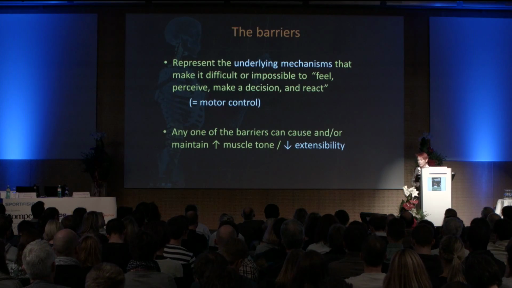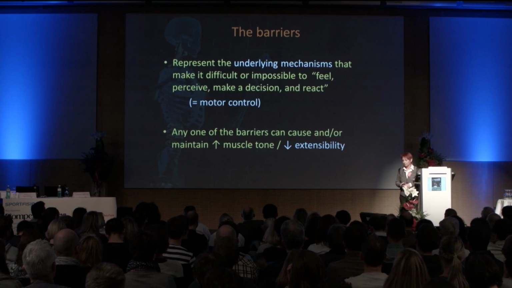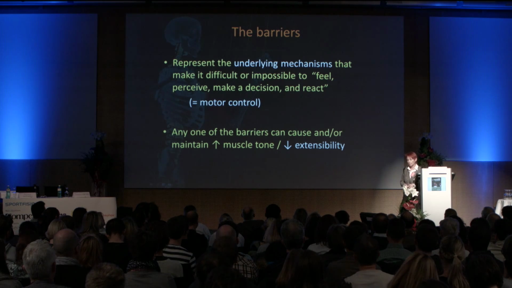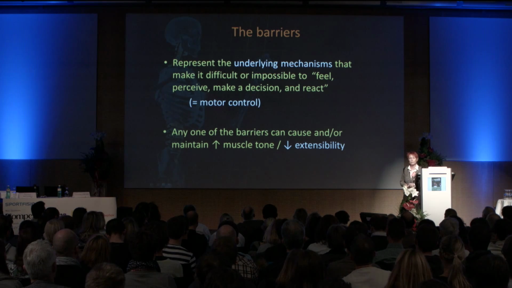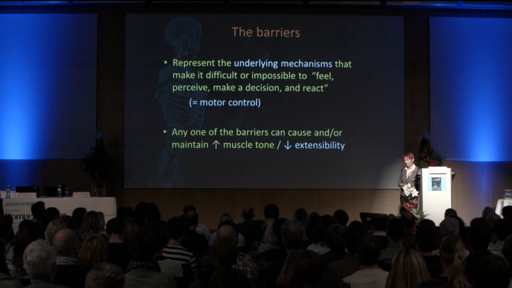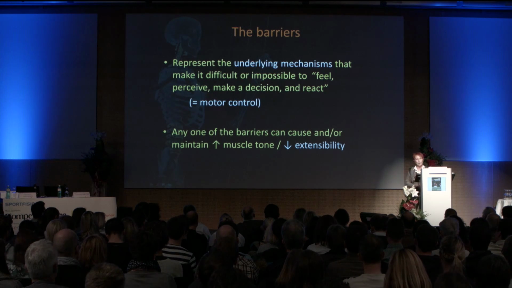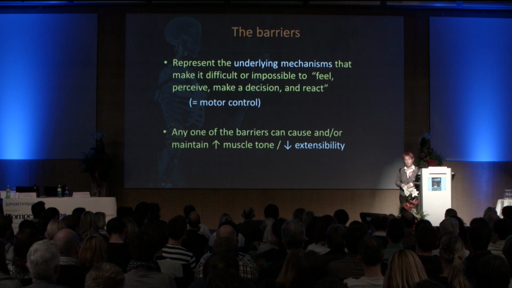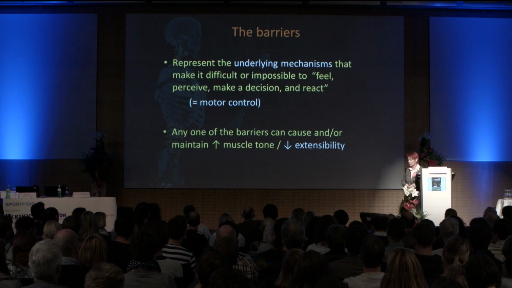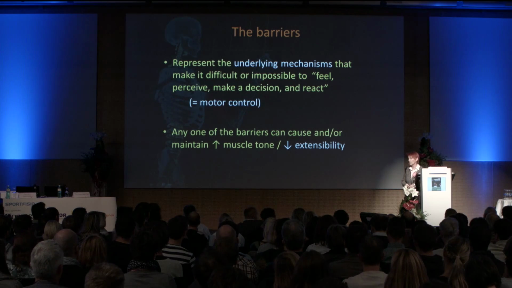So the barriers, to me, represent the underlying mechanisms that we need to look into, that make it difficult or even impossible to feel, to perceive, to make a decision, and to react, which is motor control. It's what we're supposed to be teaching our patients.